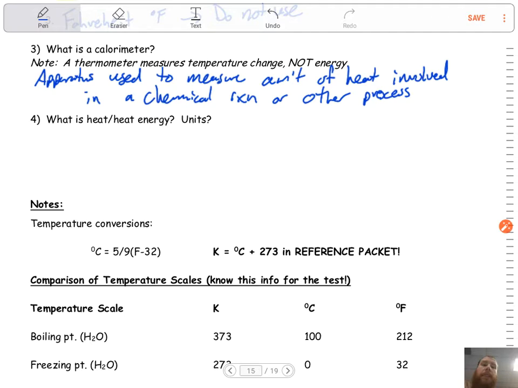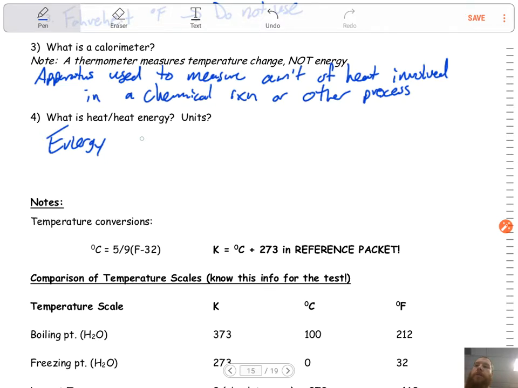That brings us to the next question: what's heat or energy? Energy, and heat is a form of it that is proportional to and associated with molecular motion.